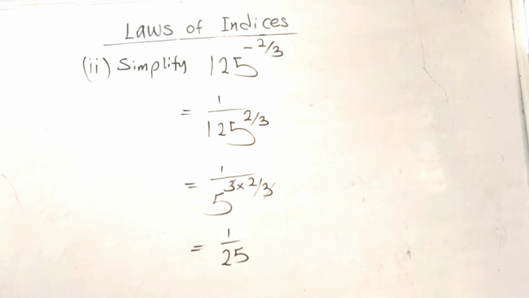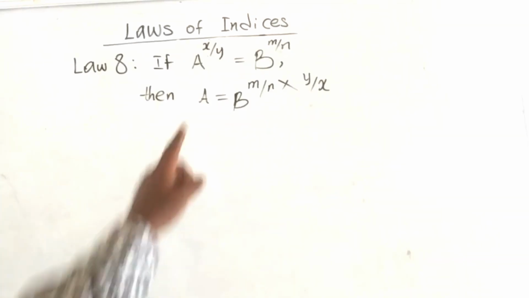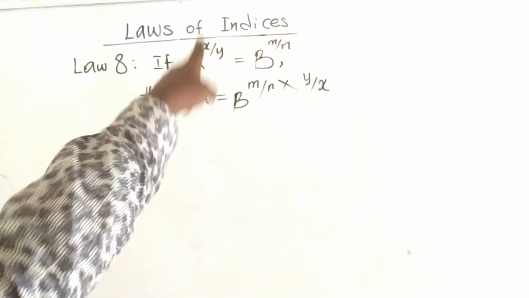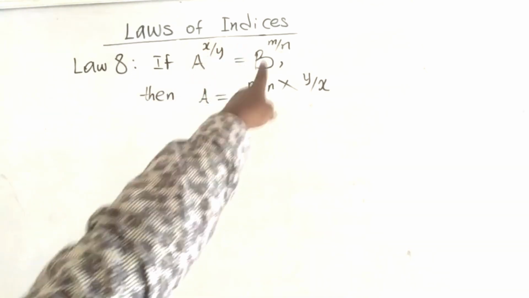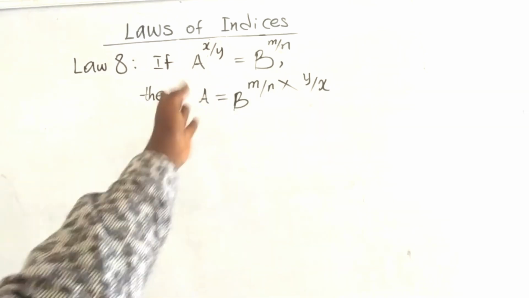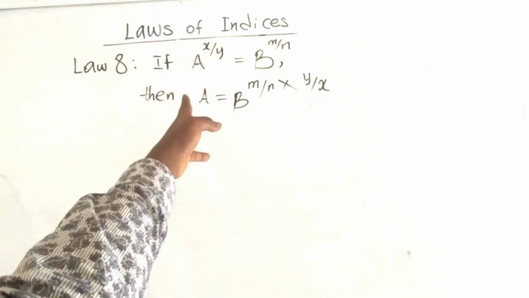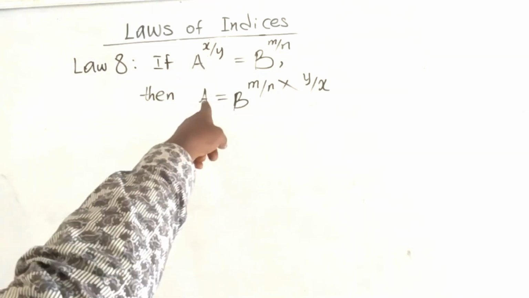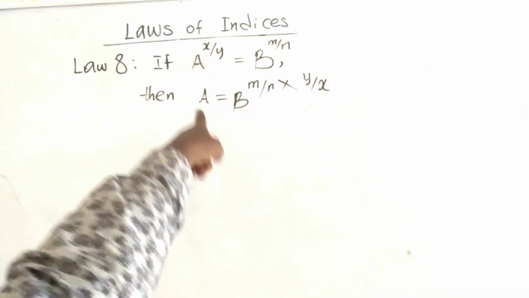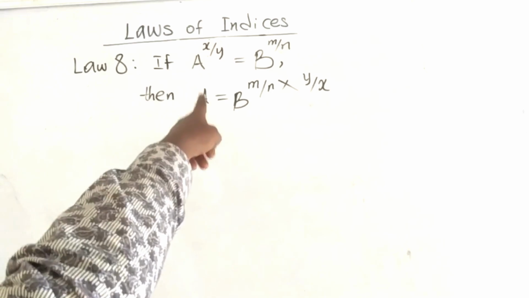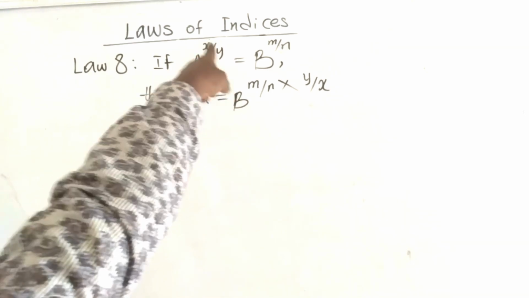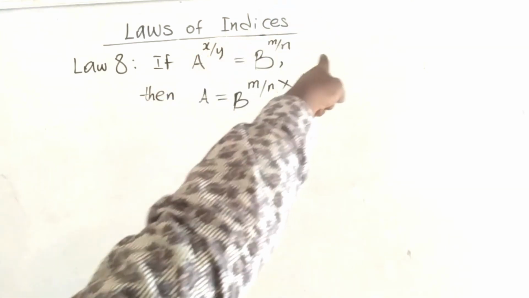Let's go to the next law. Law 8: given a raised to the power x over y is equal to b raised to the power m over n. If that is the given equation, simply do it this way. If you have to find the value of a in a given equation, then transfer the power x over y to the other side.